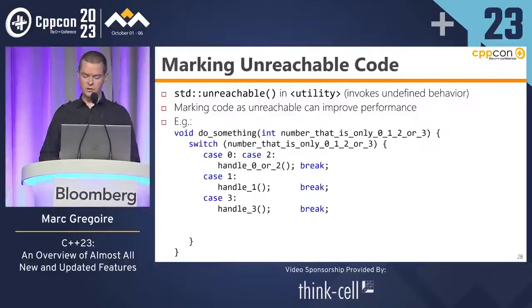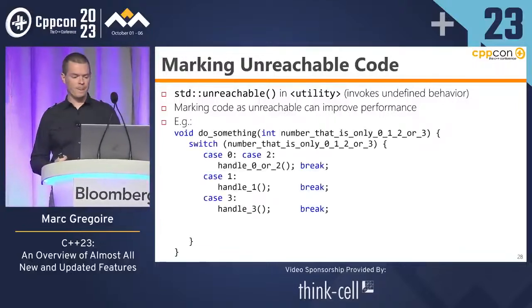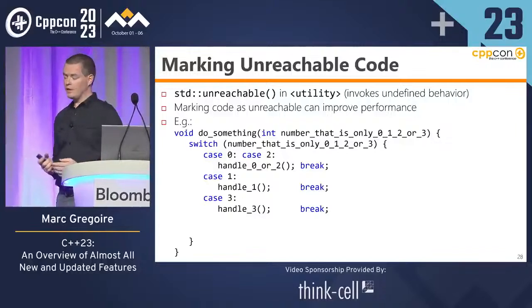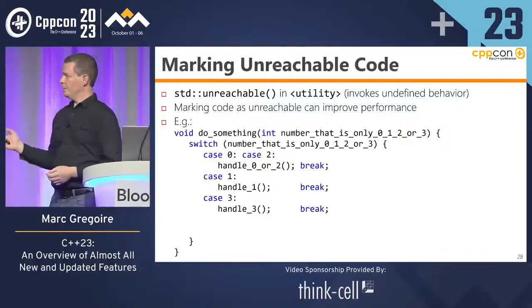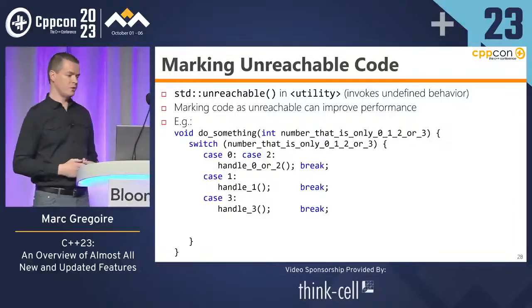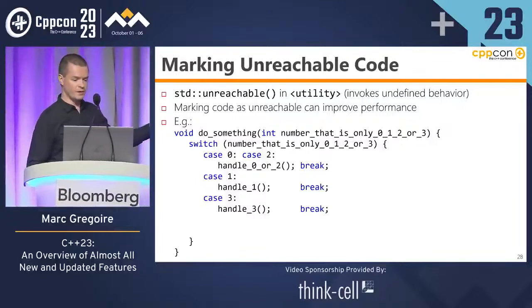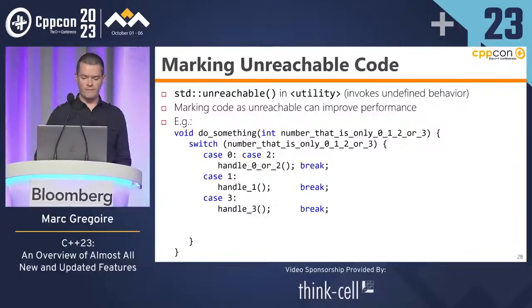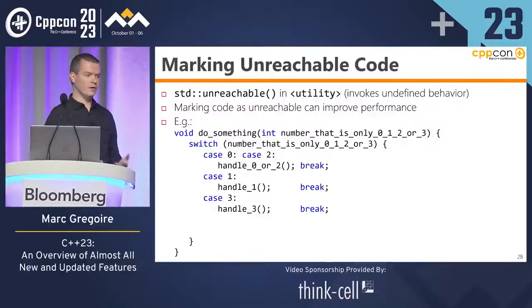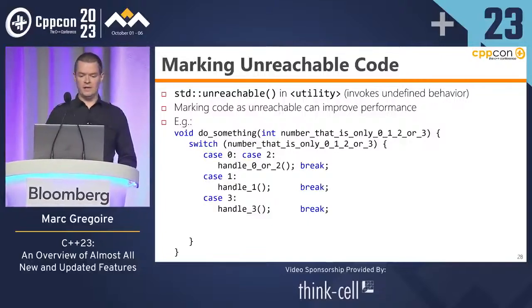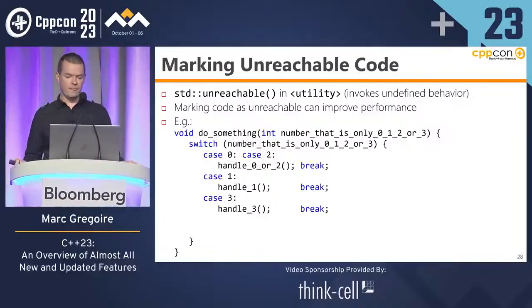I have a function here, do something, accepting an integer. And I know that the integer can only be 0, 1, 2, or 3. And then in the body of this function, I have a switch statement. And as you can see, I'm properly handling all the cases, 0, 1, 2, or 3. But the compiler doesn't know that. The only thing the compiler sees is that I have an integer.